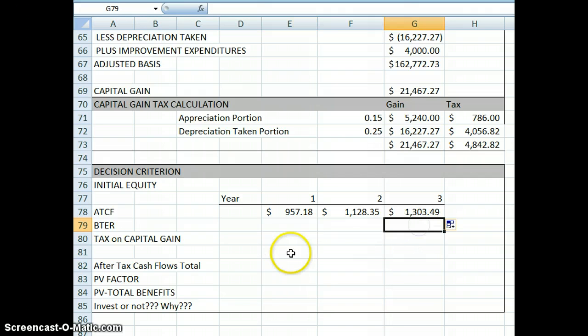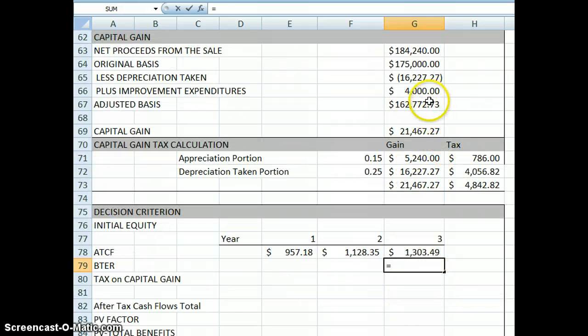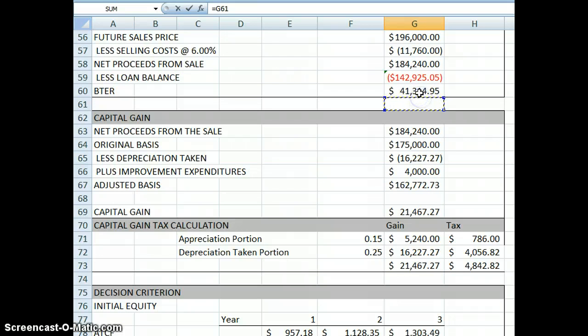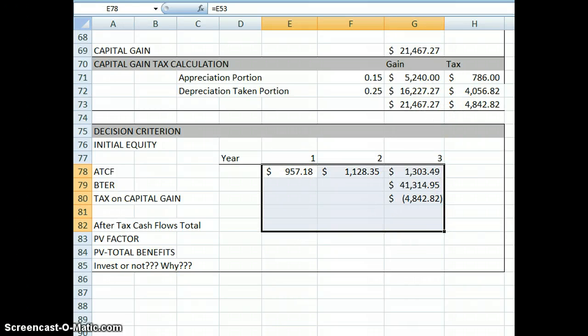And now our BTER, which is right there. Just copy that down. And now basically we need to add in our tax. So this is going to be a negative number, because we're going to have to pay out the taxes on this. And now we can just auto sum all of these numbers.